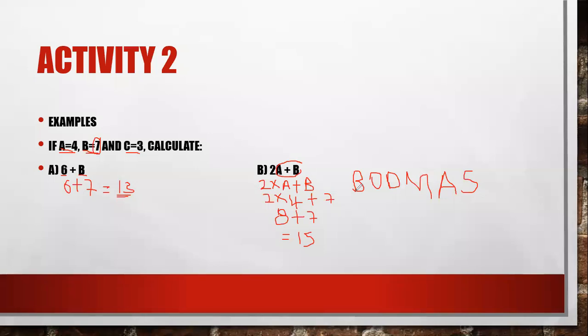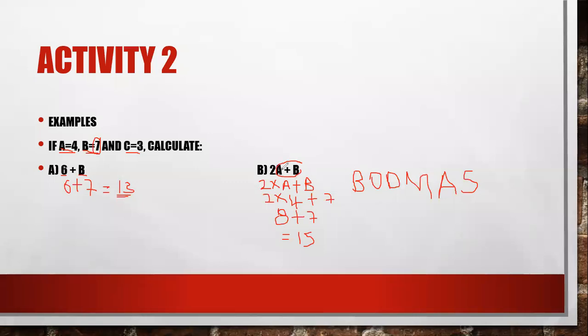B brackets, then O represents of, D represents division, M represents multiplication, A addition, then S for subtraction. Okay, thank you, Shanita. So basically that is what BODMAS stands for.